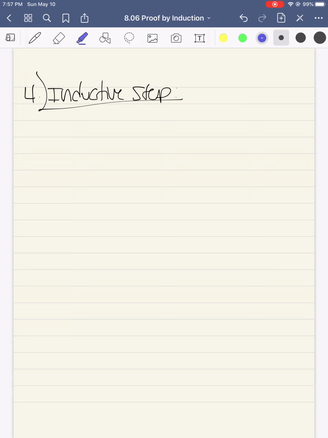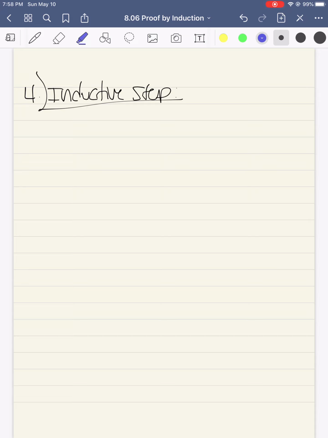You show that the base case is true. You say, okay, this statement is true for the first positive integer in our set. And then we introduce another variable, k. In our inductive hypothesis, we let n be equal to k, and we're allowed to assume that the theorem is true when n is equal to k.